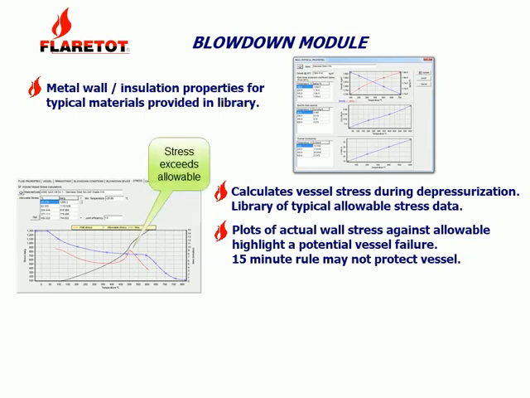This is especially important during a fire, where the wall temperature increases with time, and hence allowable stress decreases. This also allows you to determine the required depressurization time for safe operation.